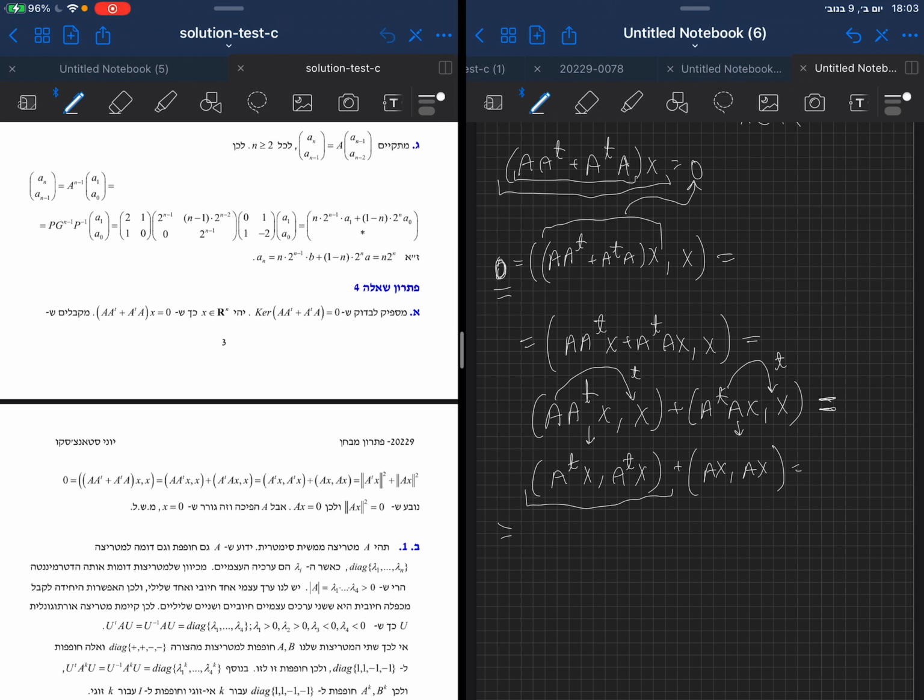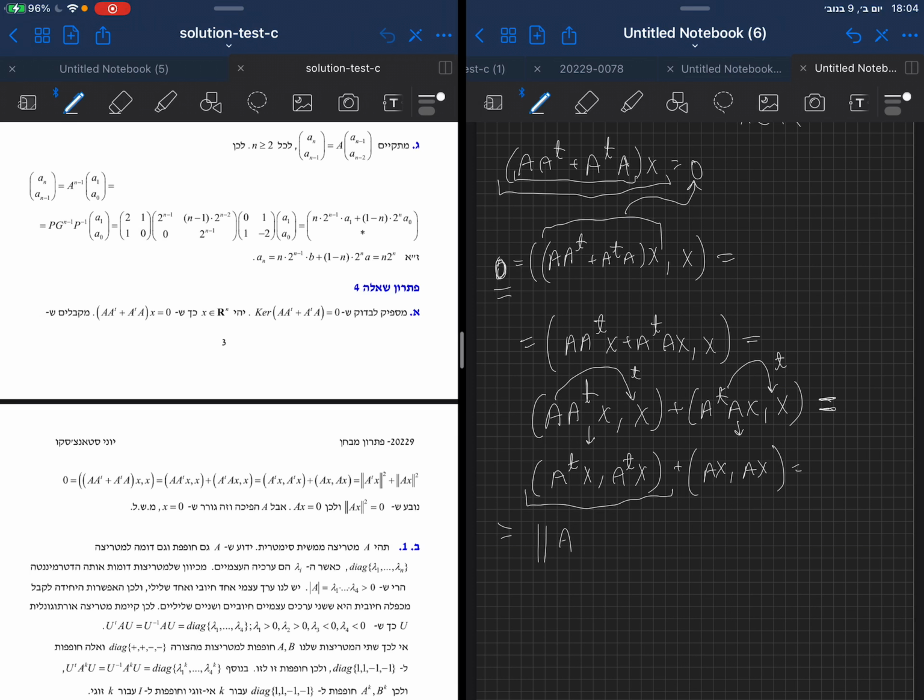So what we have here is an inner product of an object with itself, which means it's the norm of an object, and the norm in an inner product space is defined to be greater than or equal to 0, and 0 only if x equals 0. For other x it's greater than 0. Just a reminder.